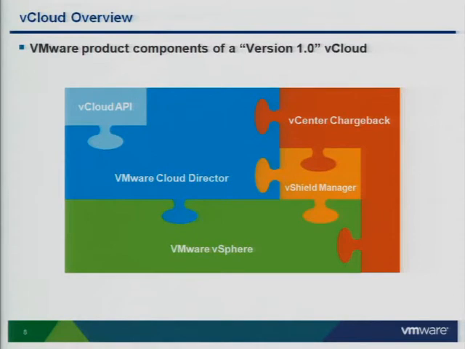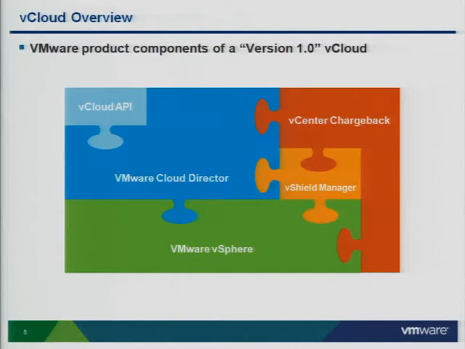Integral to vCloud Director is a vShield manager with the vShield Edge. So now there's some level of integration where vCloud Director will call the vShield Edge devices to provide some networking services, firewall and security services.